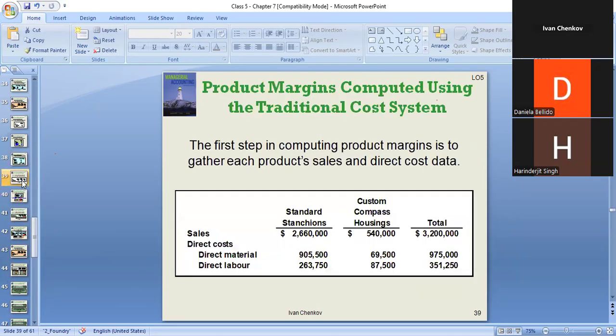Now let's see the traditional. If we have to use only the traditional, which is all that we have available, and we're not using activity-based costing, let's see how we're going to allocate manufacturing overhead, because in the traditional system we're allocating only the manufacturing overhead, which, if you remember, was $1 million in the very first chart.